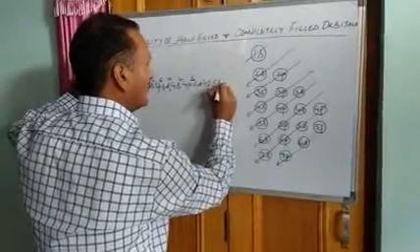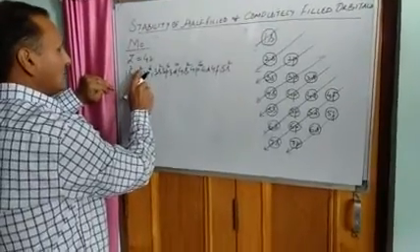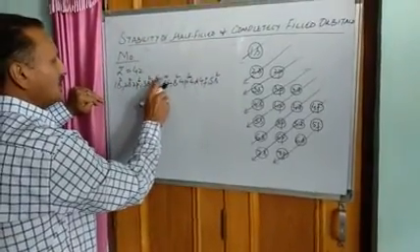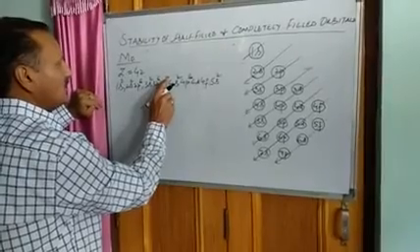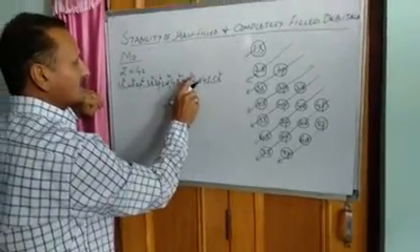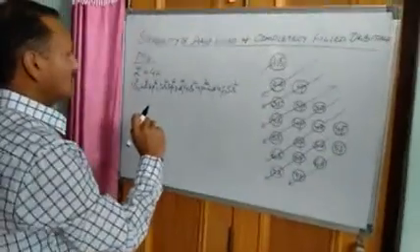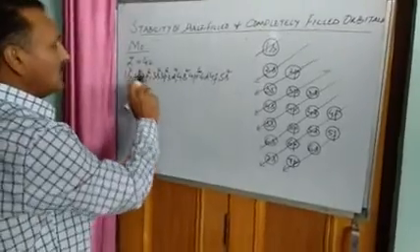Now, before moving further, let us count the number of electrons. 2 plus 2 is 4, 10, 12, 18, 18 plus 10 is 28. 28 and 2 is 30, 30 and 6 is 36, plus 2 is 38. How many electrons do I now require? 4.